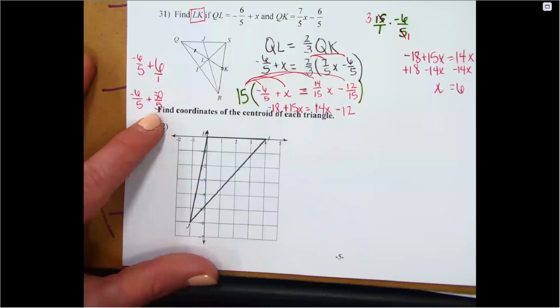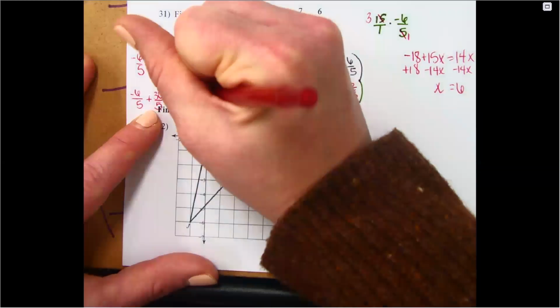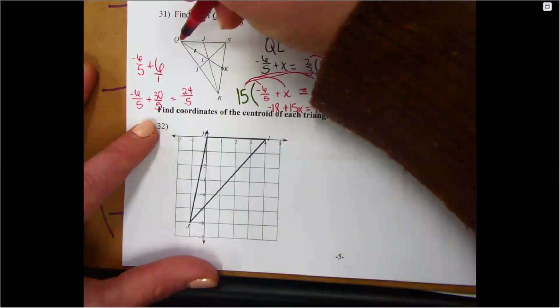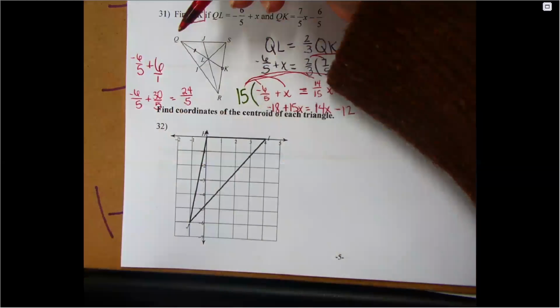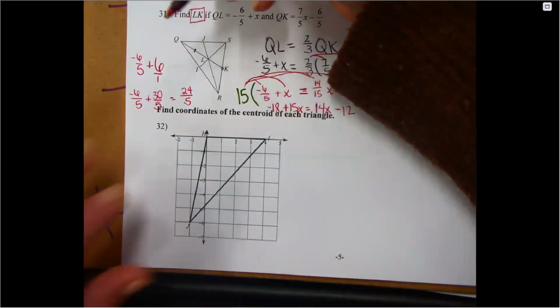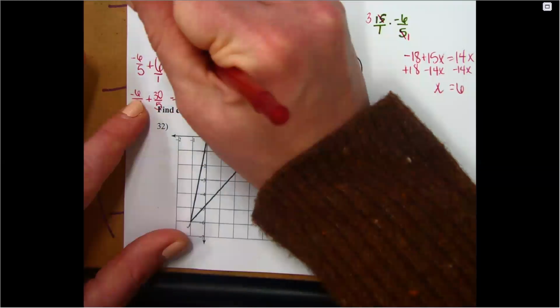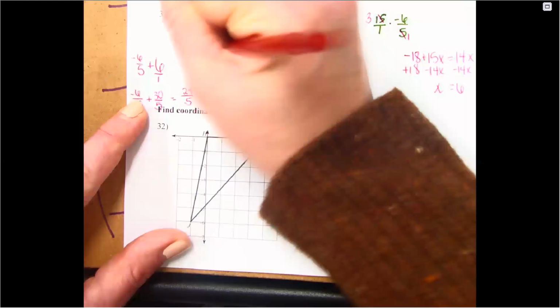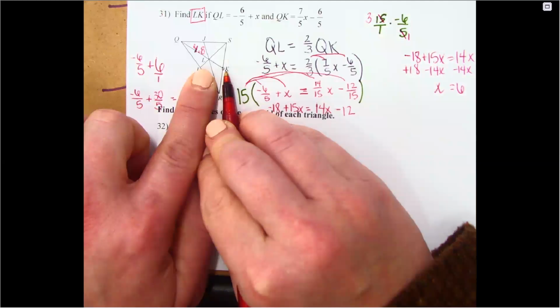Negative 6 plus 30 is 24 over 5. That is the whole QL, and 24 divided by 5 is 4.8. To find LK, we split that in half. Half of 4.8 is 2.4, and that's your answer.